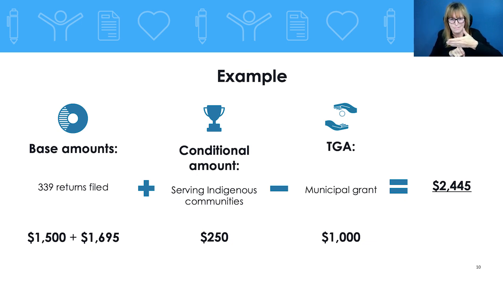Only funds received from one of these levels of government should be included in this amount. Grants from Revenue Quebec for the purposes of free tax filing services and previous CVITP grant amounts received should not be included. After deducting the total government assistance, this organization would receive $2,445 from the CVITP grant.